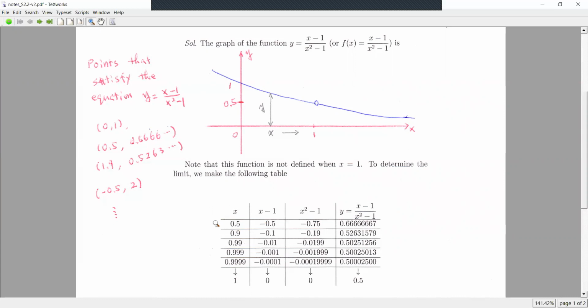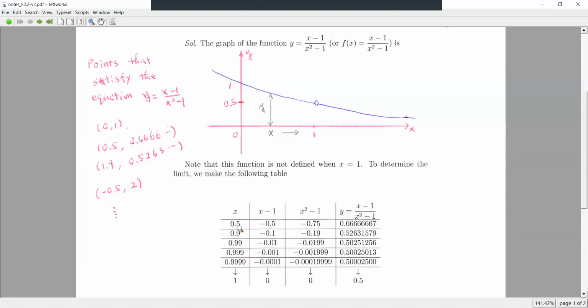Convention number 2 says that x approaches some point, but x is not allowed to take that point directly. So in these numbers, I didn't pick 1. In the first column, I didn't pick 1 for x. I just let x get closer and closer to 1. I didn't let x take 1 directly.